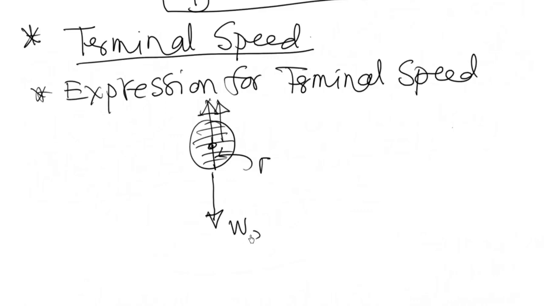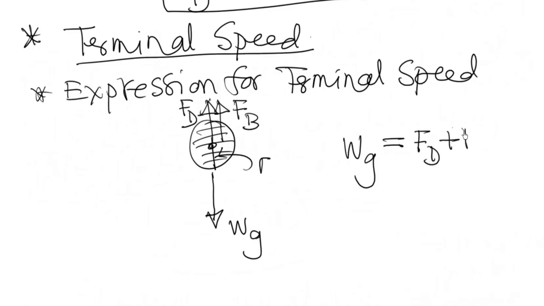This is the weight of the spherical object, and there will be a buoyancy force, and also there will be a drag force. Now this weight of the object must be equal to the drag force plus the buoyancy force.